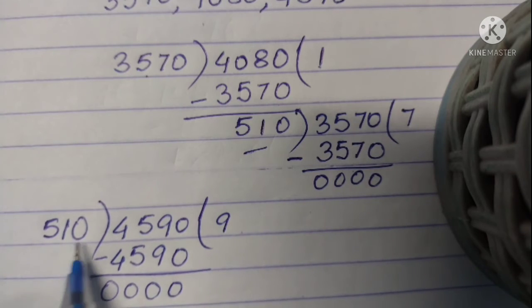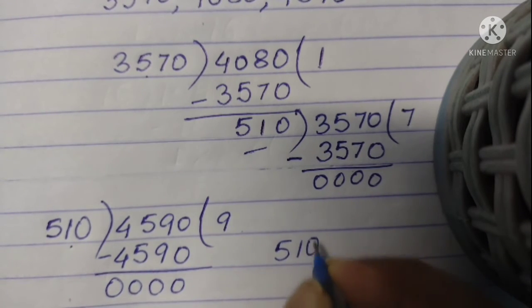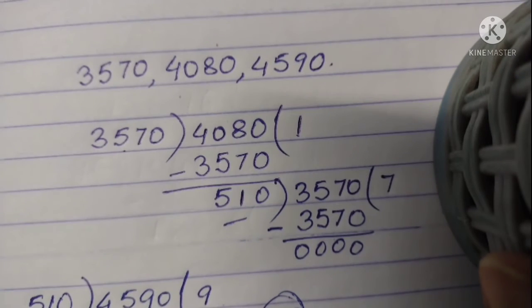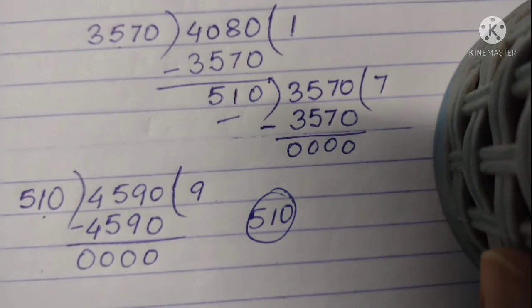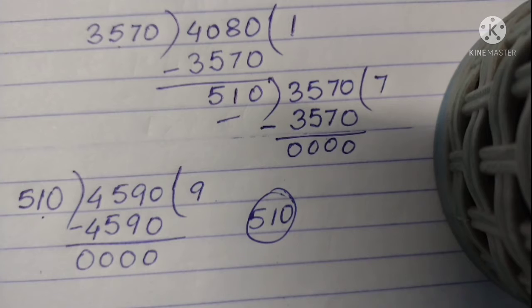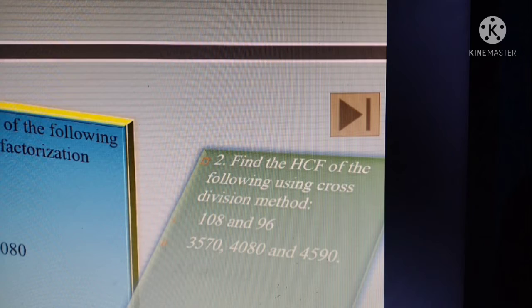The last divisor is 510. So the HCF of 3570, 4080 and 4590 is 510. Let's move on to the next number.